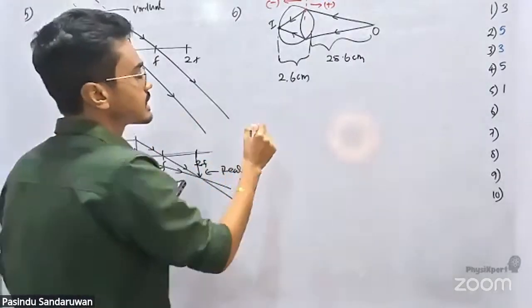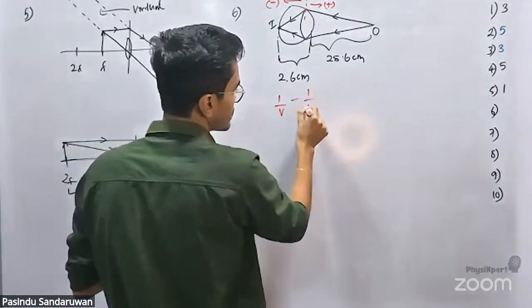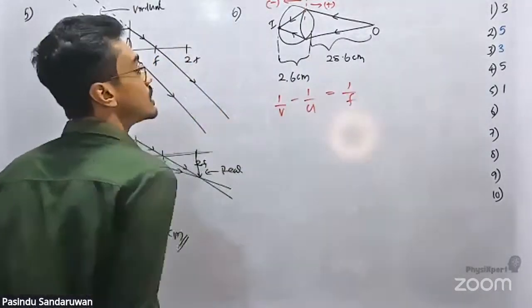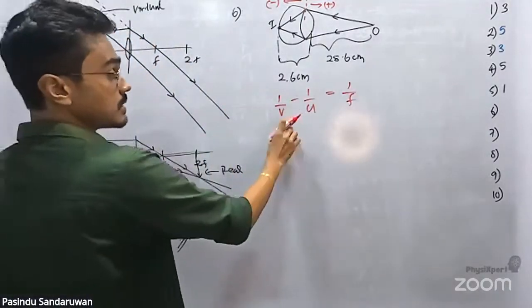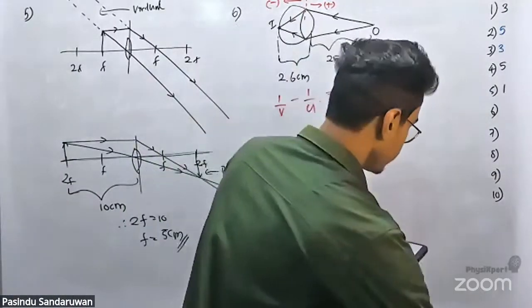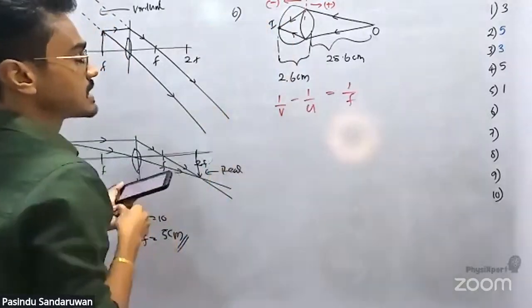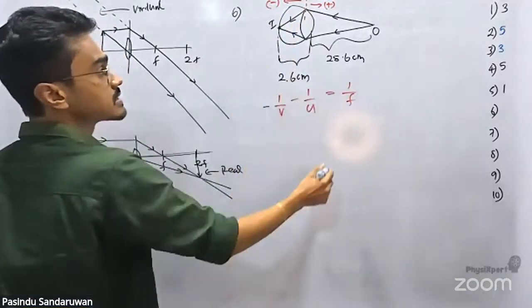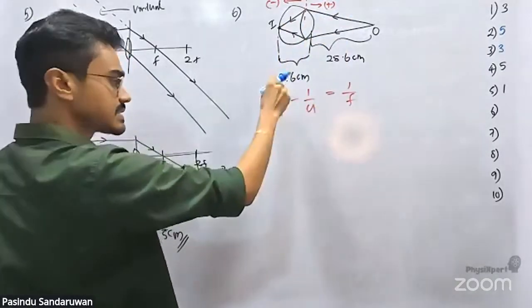So with that, apply 1/v minus 1/u equals 1/f, the lens formula. Now apply your sign convention here. Now v is on the minus side. v is minus, u is plus. Plus and minus means still there is minus.